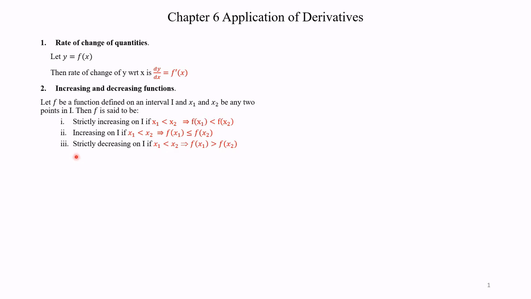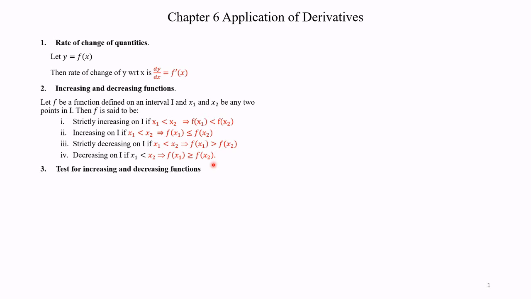Point number 3: strictly decreasing on I if x1 is less than x2 implies f of x1 is greater than f of x2. Point number 4: f is decreasing on I if x1 is less than x2 implies f of x1 is greater than or equal to f of x2.